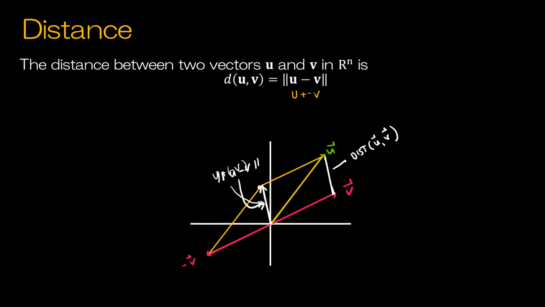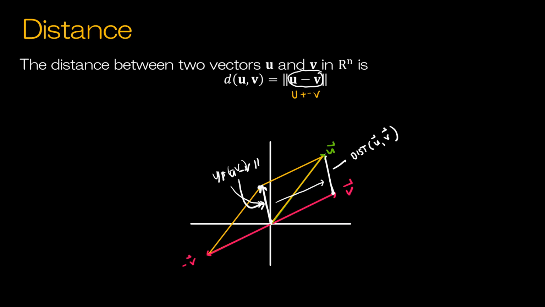Now, what I'm trying to find is the distance. So really, I'm trying to find the distance of this vector, which, as you'll note, is the same as the distance of this vector. So when they're asking us to find the distance, that's exactly what they're saying. That's why this makes sense, u minus v, because it's going to give us that same distance as whichever way I draw it.